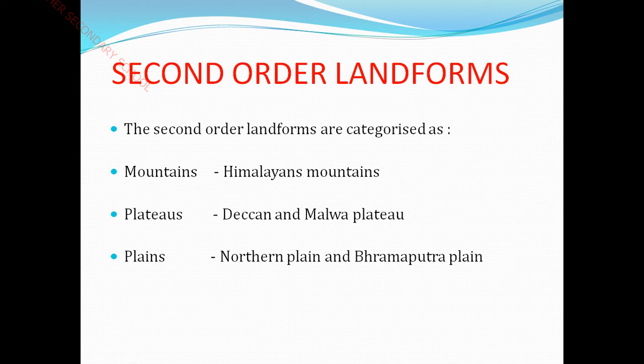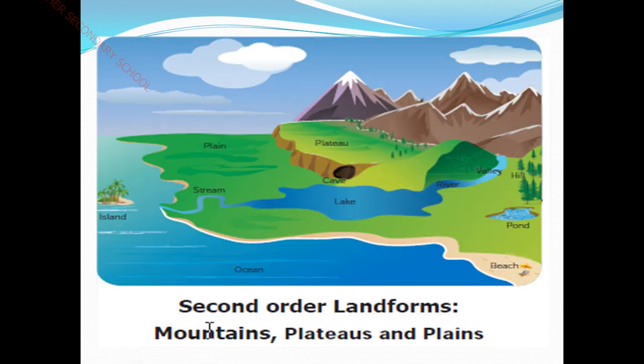Indus Ganga plain. And next, children, I hope that you have learned well and thoroughly about the second order landforms. Did you understand this, children? Okay. And children, see here, the picture gives a clear idea.